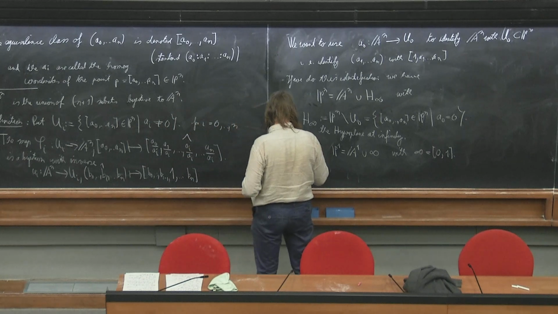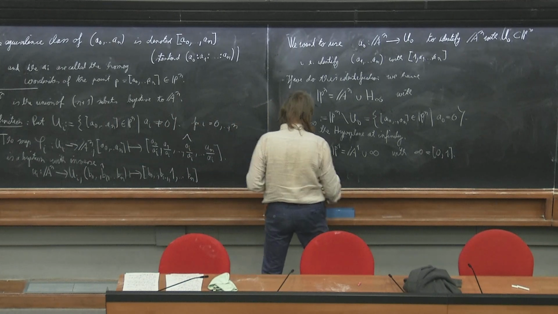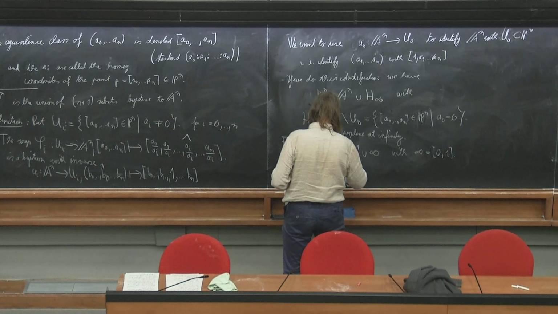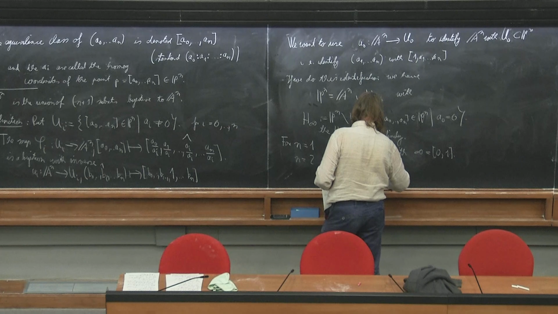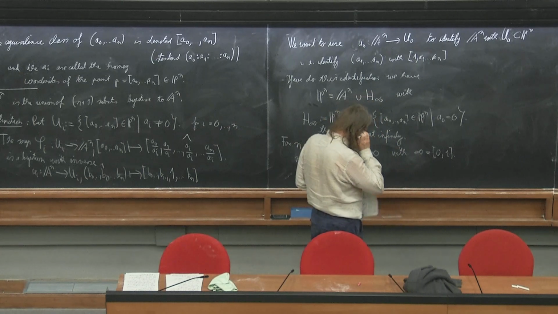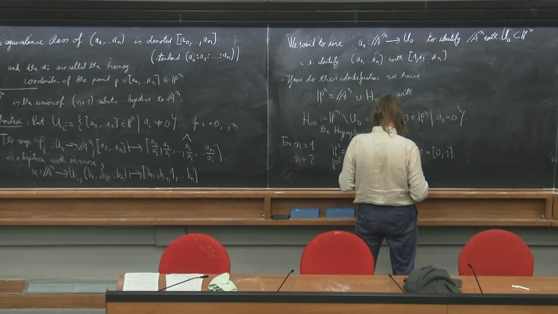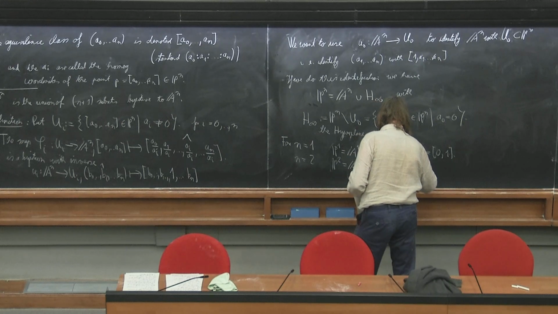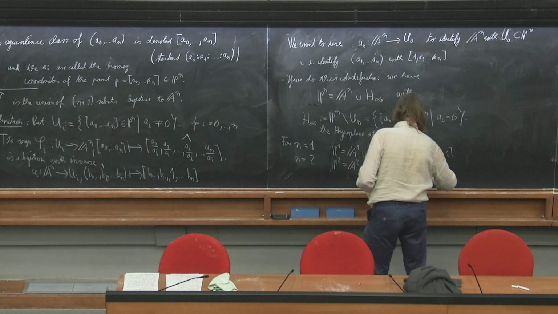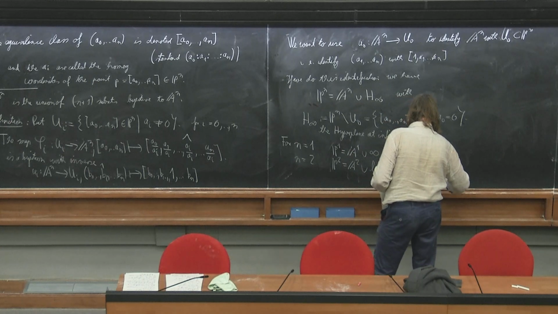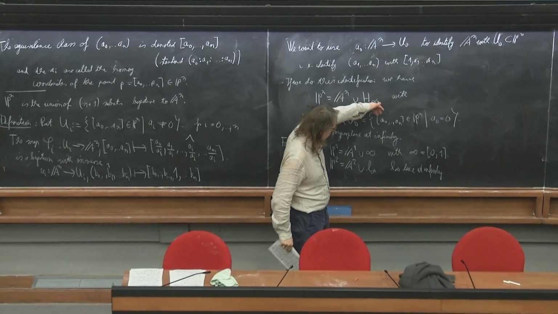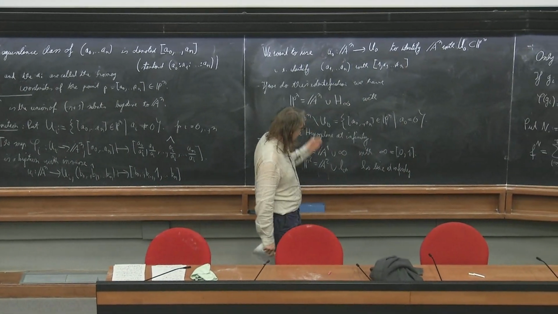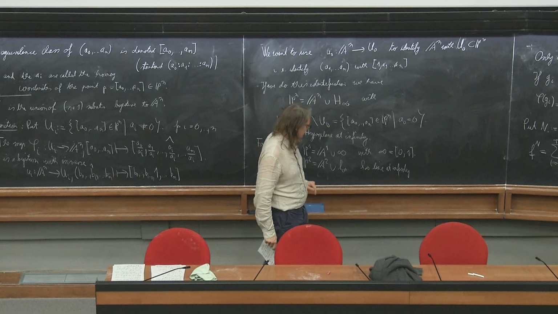For n equal 2, we can say that P^2 is equal to A^2 union what I could call the line at infinity, which is just what I have here, but now it's the set of all (0, a1, a2).